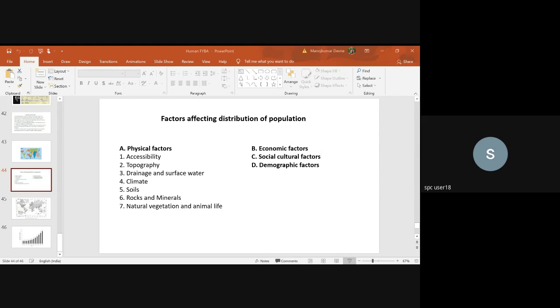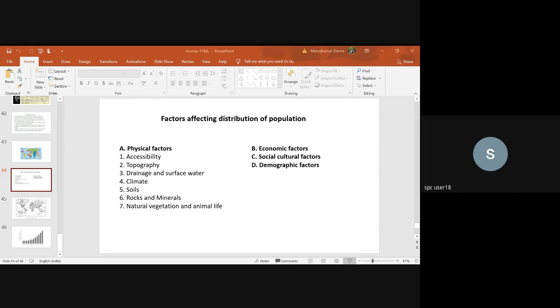And thus we need to now look into the distribution of population in the world.